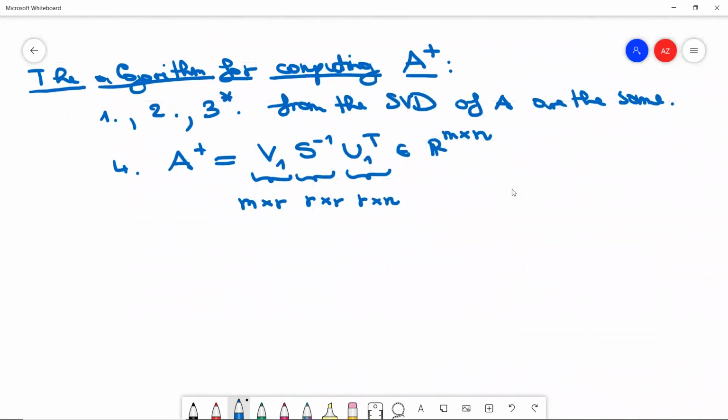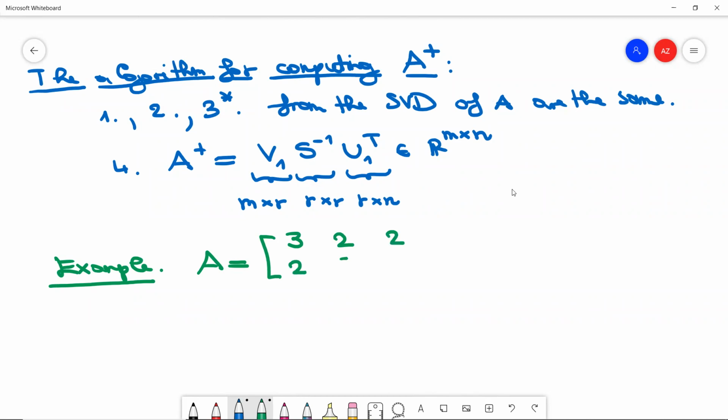Okay, and to make this more clear, let's do an example. Let's take the matrix A equal to a 2 times 3 matrix with the first row 3, 2, 2, and the second row 2, 3, minus 2.